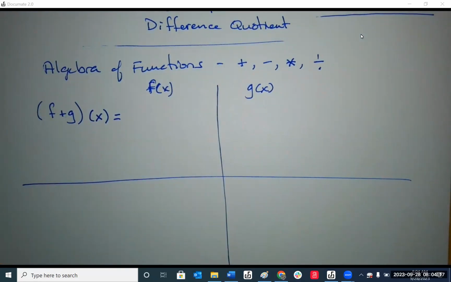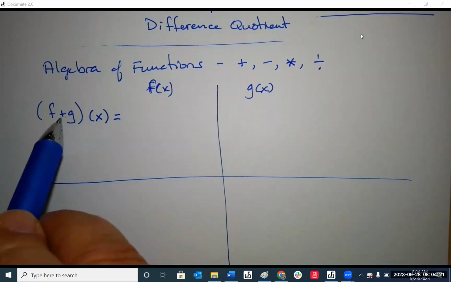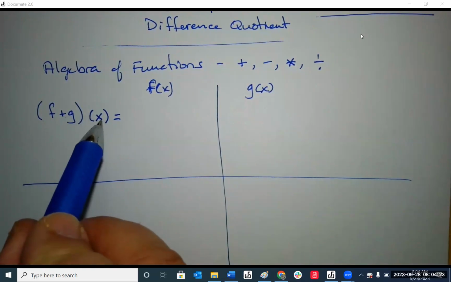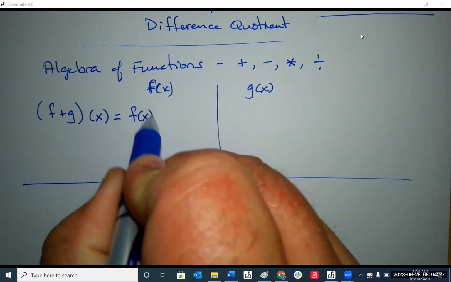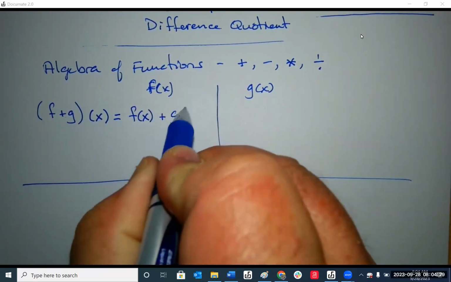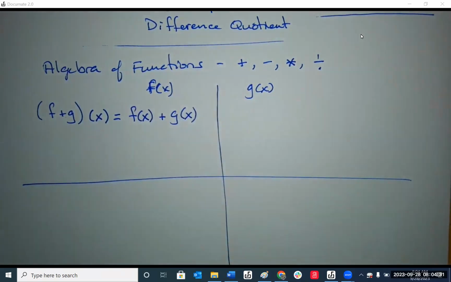What this says is you can add the two functions together and then evaluate with respect to x, or you can split them up and do the two functions separately and then add up their answers.